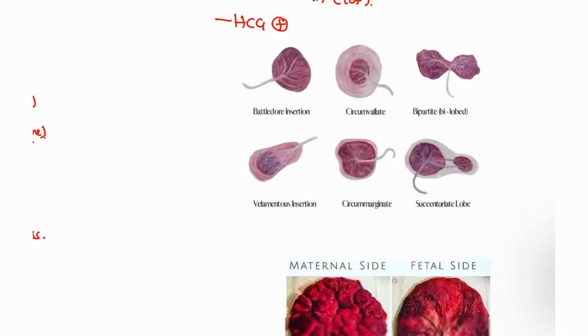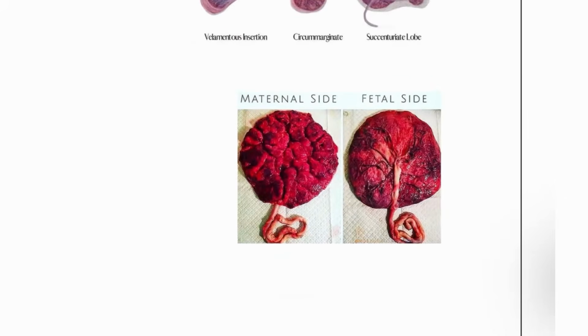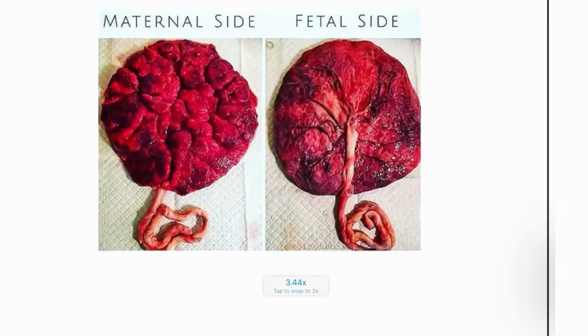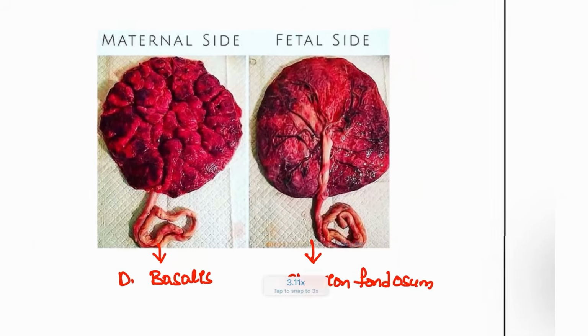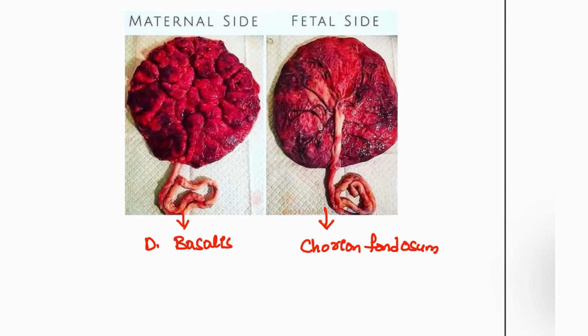Next, see the maternal and the fetal sides. The maternal side is due to decidua basalis, and the fetal side is due to chorion frondosum. What differentiation can you easily understand from this? Here you can clearly see the cotyledons.